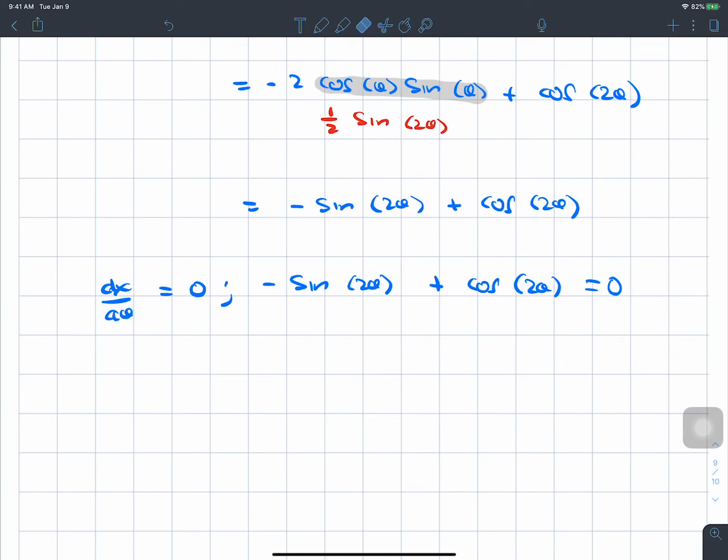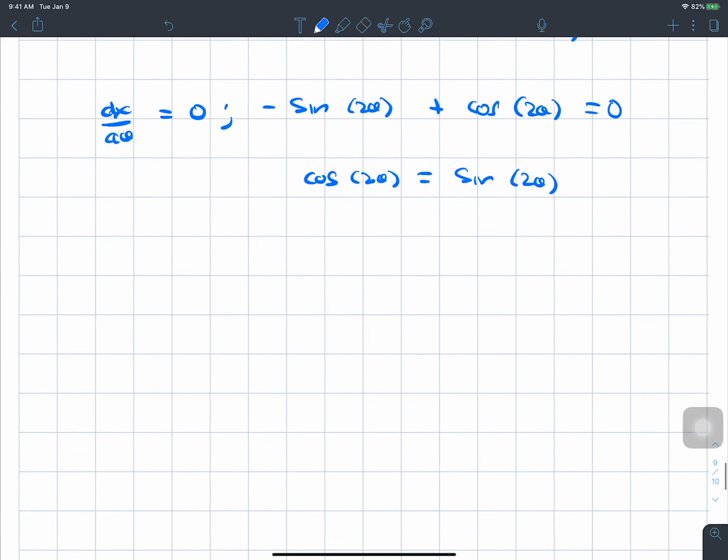You get cosine 2θ equals sine 2θ. Divide both sides by cosine 2θ.